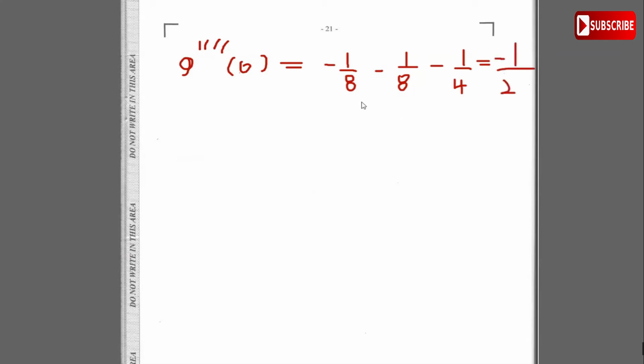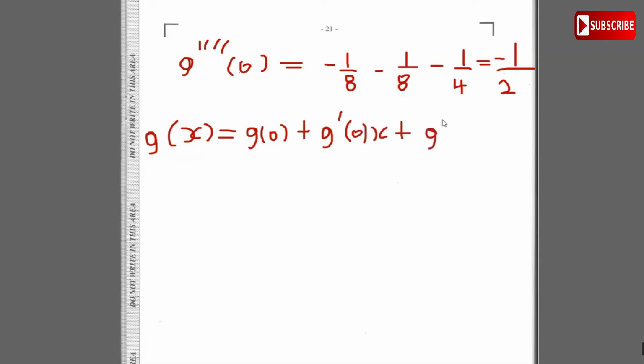Okay, now we're ready to put it in an approximated form. So using Maclaurin expansion, we know that g of x is going to be equal to g of 0 plus g prime of 0 times x plus g double prime of 0 times x squared over 2 factorial, and the formula continues.